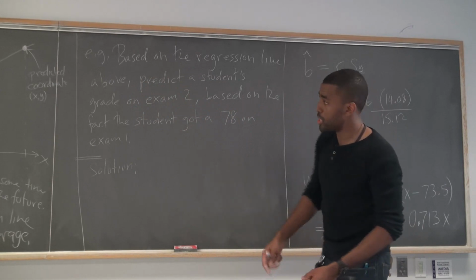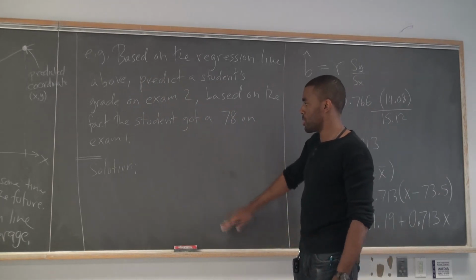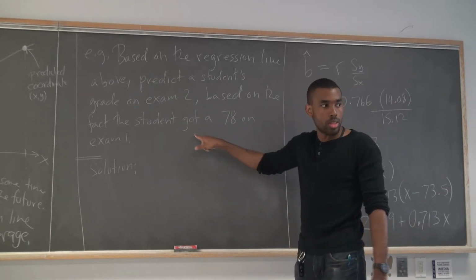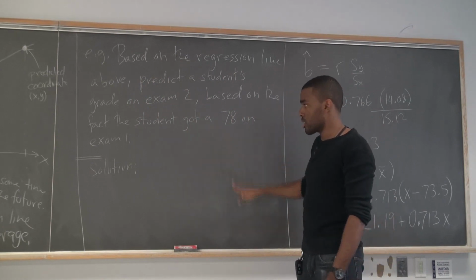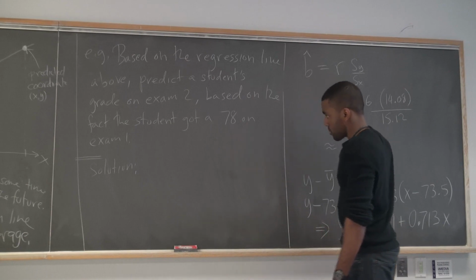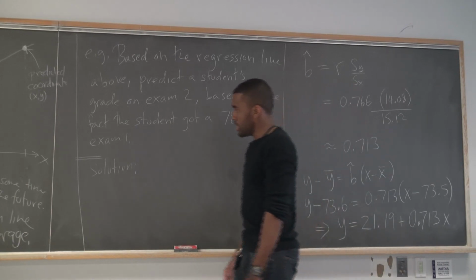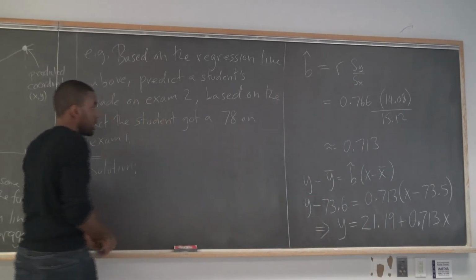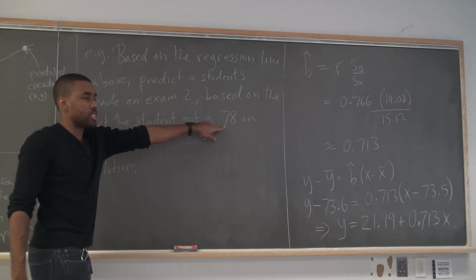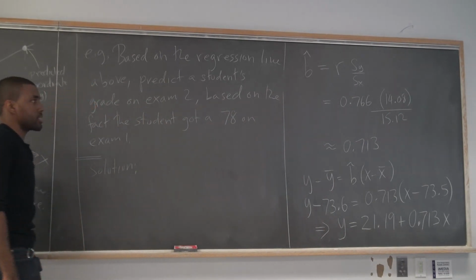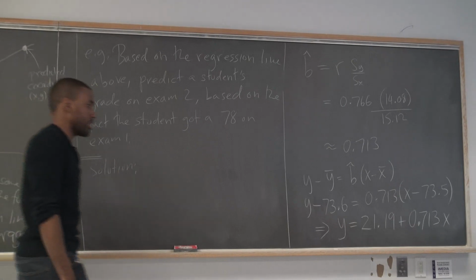If you recall the question from chapter 8, I had a list of 10 grades, but for each student there were 2 grades, right? There were the grades from exam 1, and the grades they got from exam 2. Now let's say I have this new student. I know he scored a 78 on the first exam. I want to predict how he will do on the second exam.